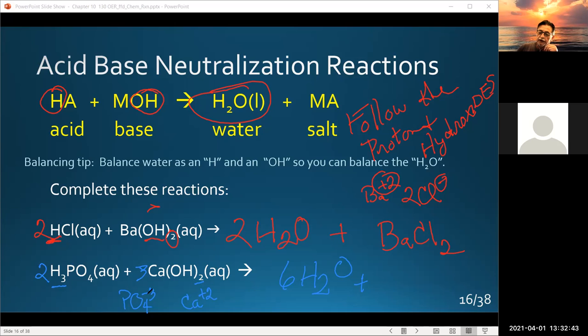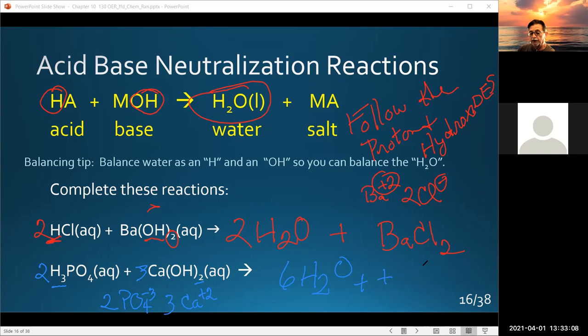The phosphate has a -3. If I put those 3 protons back onto phosphate, I got phosphoric acid. Right. So I got a dissimilar thing here. I need a common number for the ions, and the common number here again is 6. So that means I need 2 phosphates and 3 calciums.